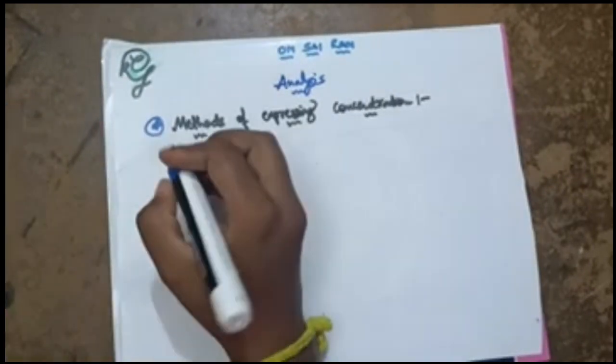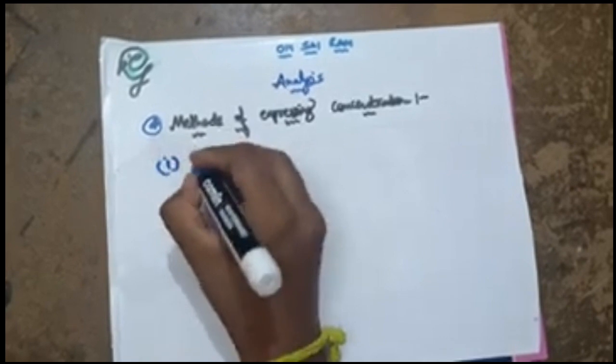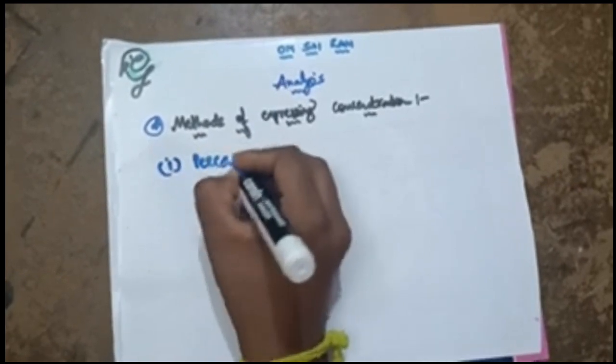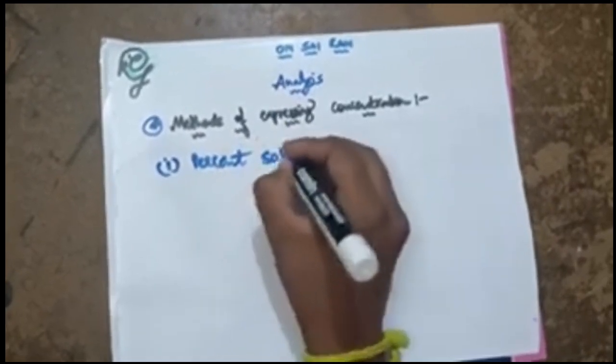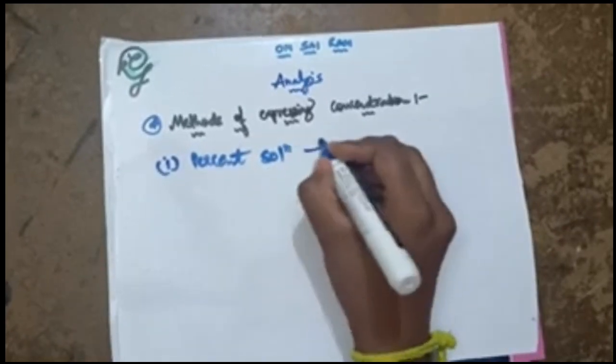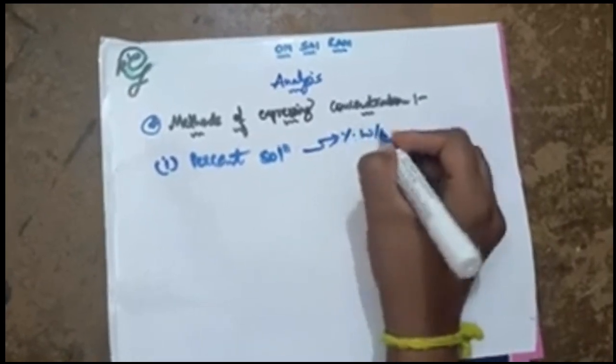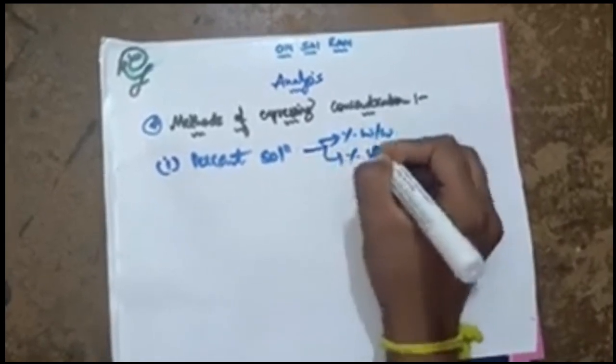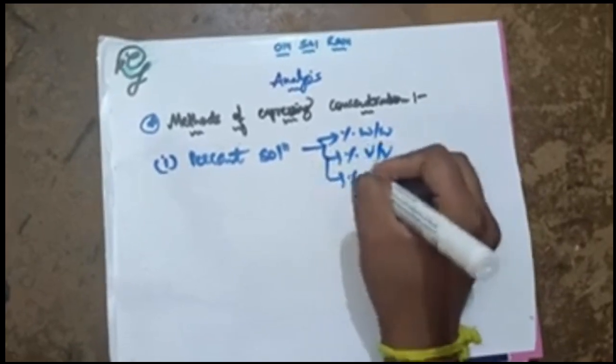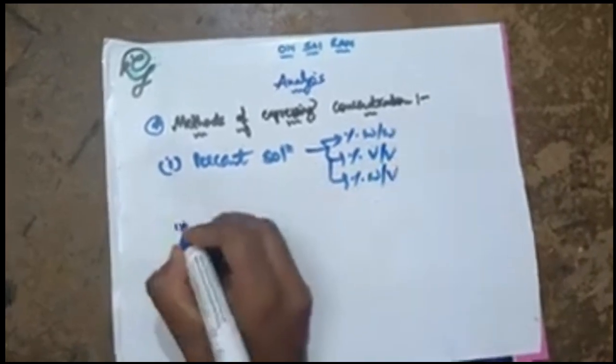I hope you all understand what is mole fraction, molarity, normality, molality, and percent solutions. Let me briefly summarize what I have discussed in this video. First was percent solution, where I discussed percentage weight by weight, volume by volume, and weight by volume.